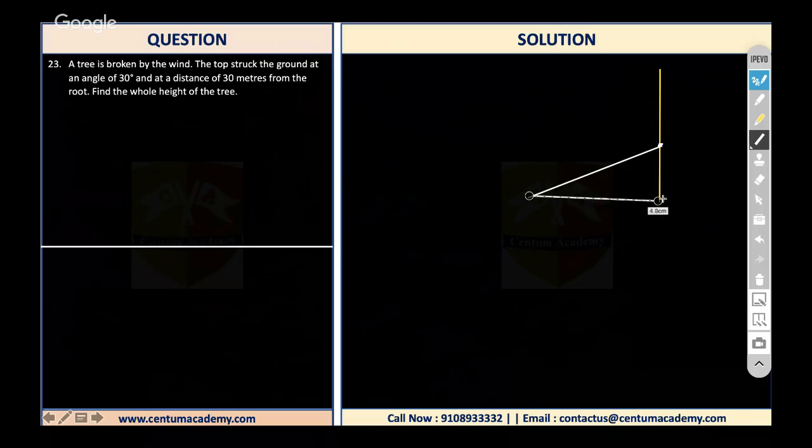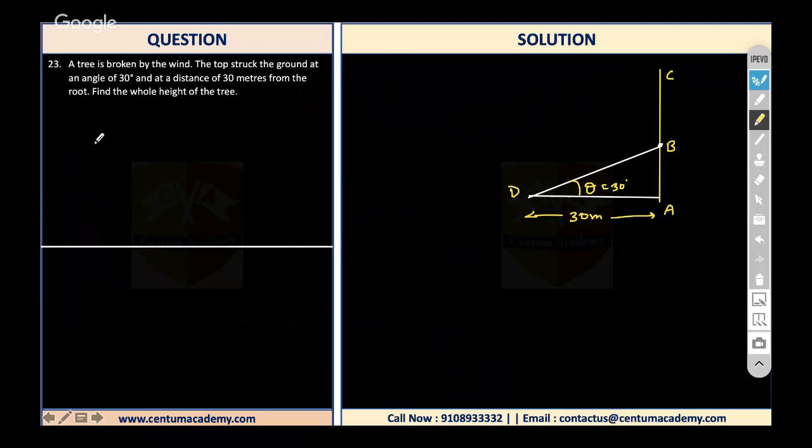Now this angle. In heights and distances, always make a drawing. So let's say theta is equal to 30 degrees, and a distance of 30 meters from the root. So this is given as 30 meters. Name it, let's say A, B, C, D. Find the whole height of the tree.